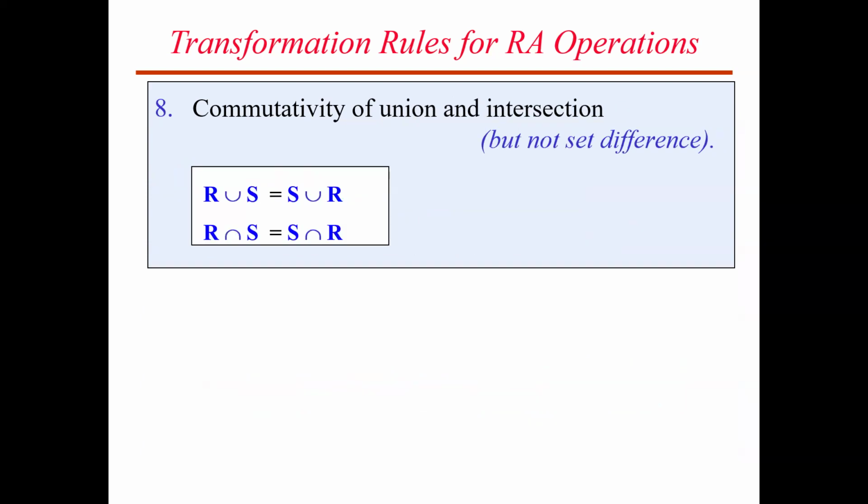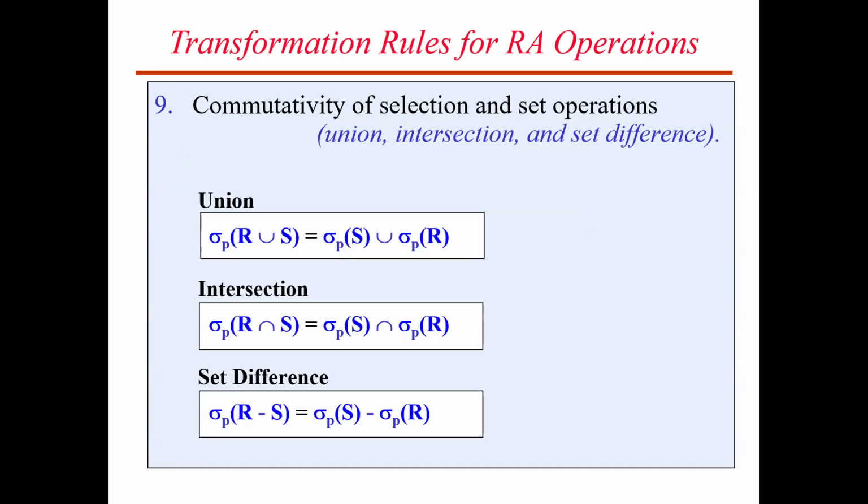Commutativity of union and intersection: R union S is equal to S union R, and R intersection S is equal to S intersection R. Commutativity of selection and set operations: you are selecting by the predicate P from the union of R and S, which is equal to selecting it from S and selecting it from R, and then performing the union operation.